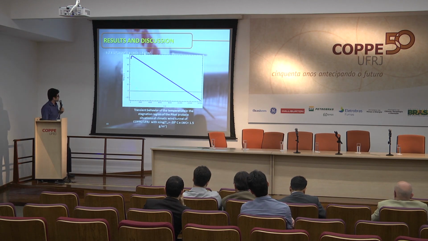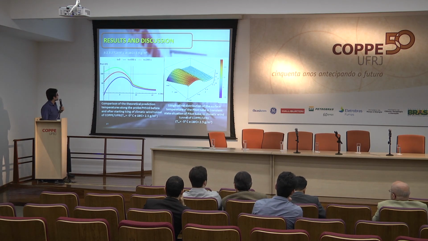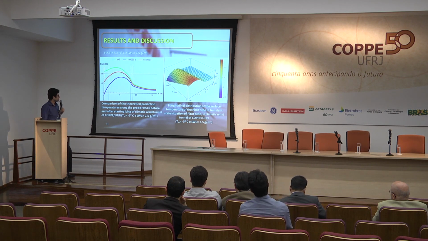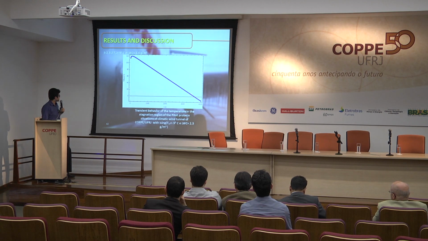And the temperature is a function, a transient behavior of the temperature by time here. In another condition of the climatic wind tunnel with different liquid water content and different temperature, the transient behavior of the temperature by time is here with the new condition of the tunnel.